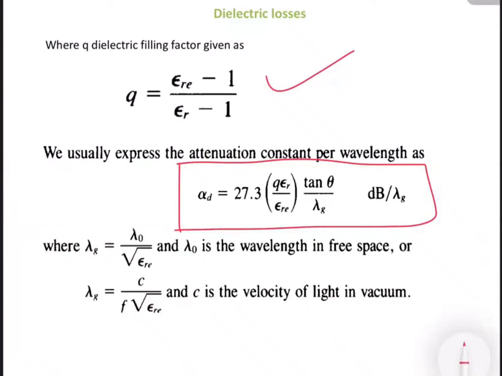All these are already derived equations, called empirical equations, and no one can change them. That's why you need to just remember the equations and write them down in the exam. There is no derivation given in the textbook, as they are empirical equations and self-explanatory.